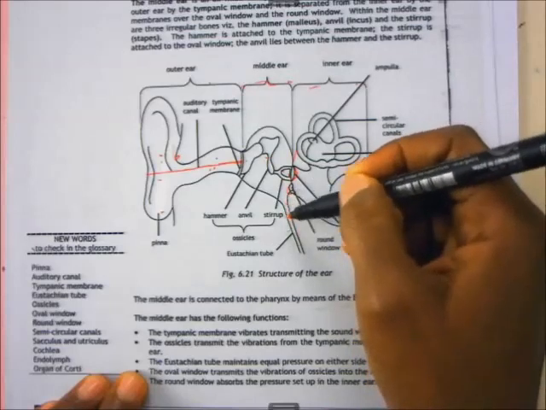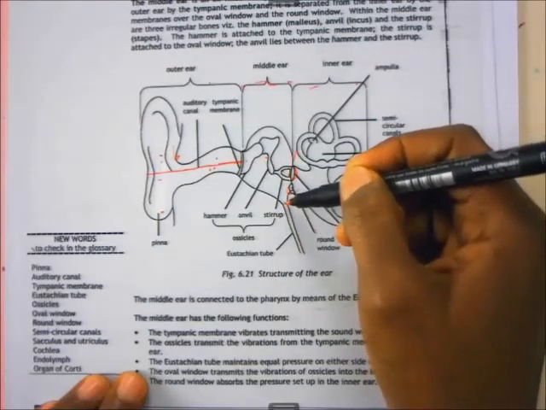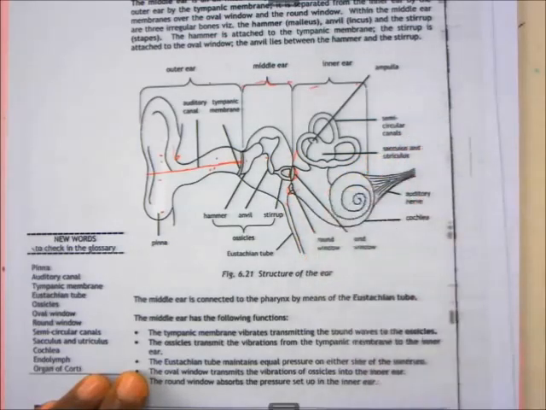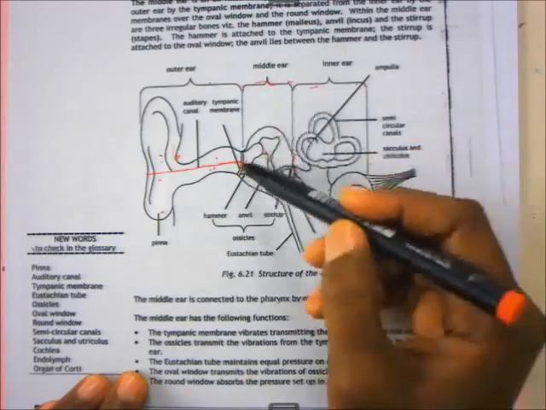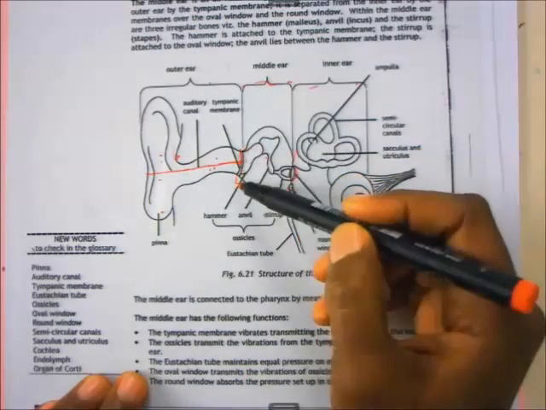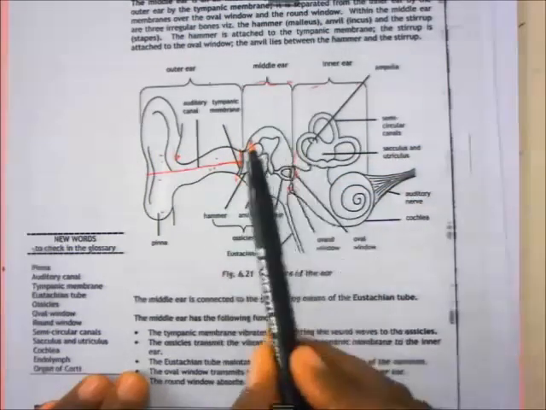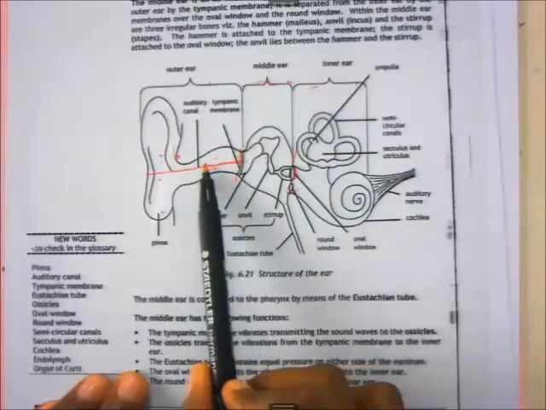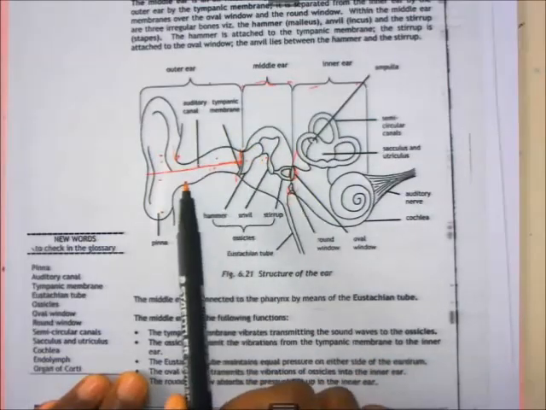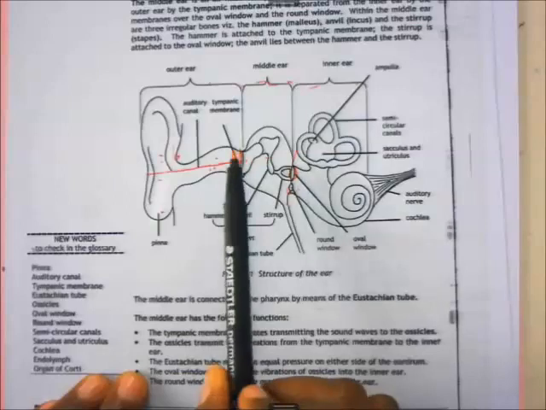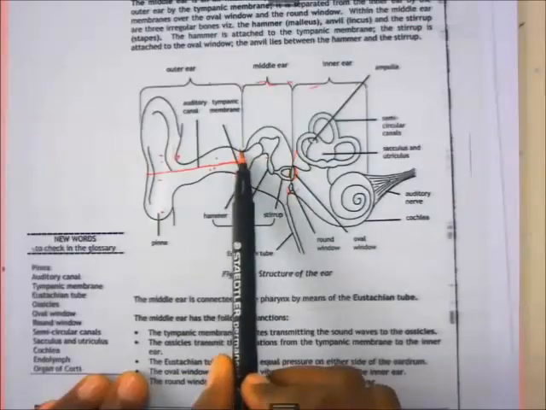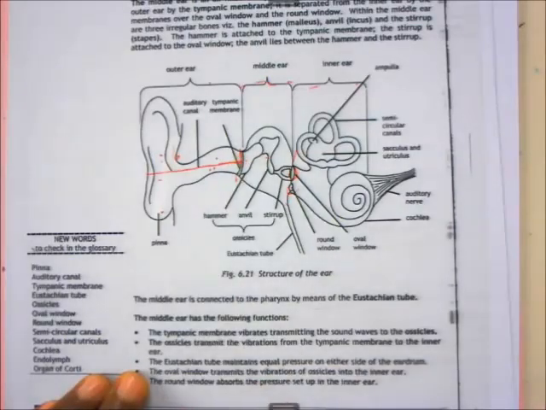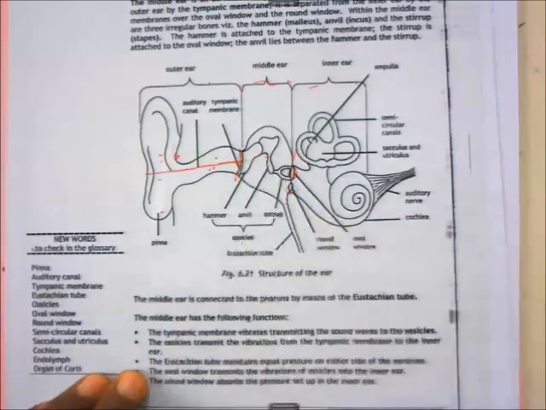The middle ear also has a tube that opens into the pharynx, which is called the eustachian tube. There is another big membrane here that separates the outer ear from the middle ear. But this membrane is part of the middle ear. It is called the tympanic membrane.